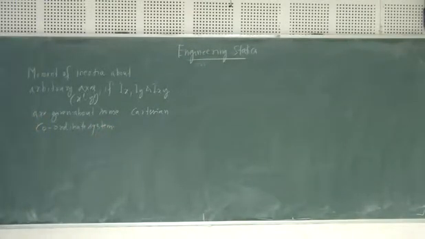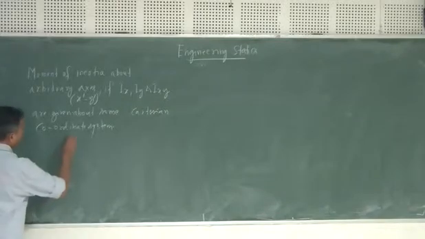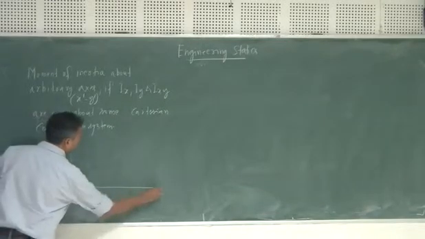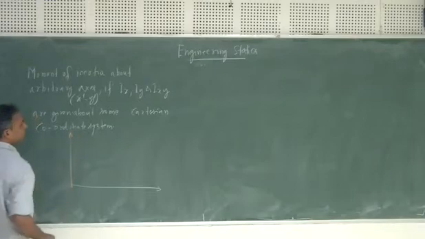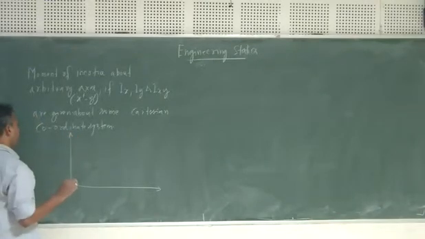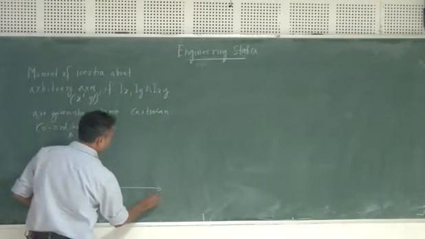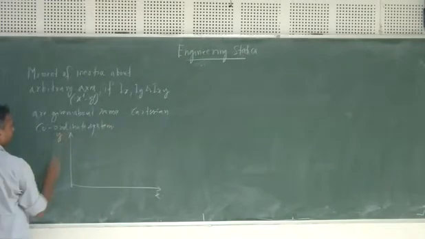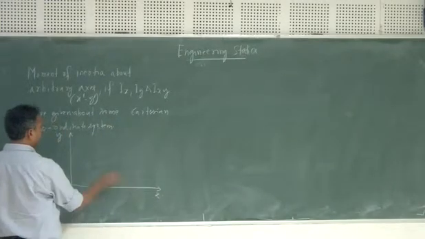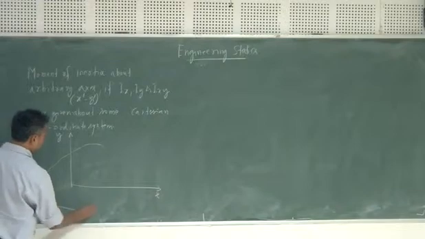Okay, so what I mean over here is, and still we are talking about the planar problem. Let's say this is your x and this is your y. So about this x and y, the body is something like this.